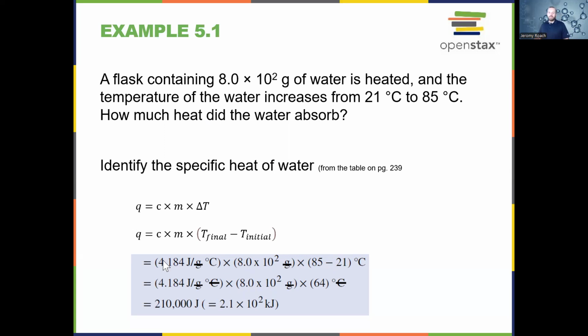It's the same. So is our specific heat. And we get a final answer of 2.1 times 10 to the 2 kilojoules. We can rewrite that as 210 kilojoules as well. So what this means is that 210 kilojoules of energy becomes absorbed by the water.